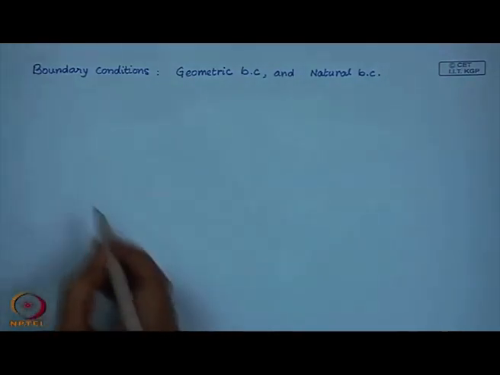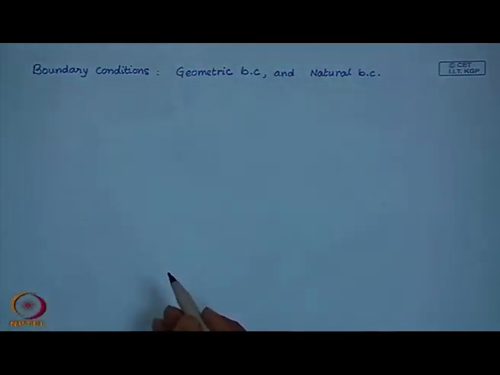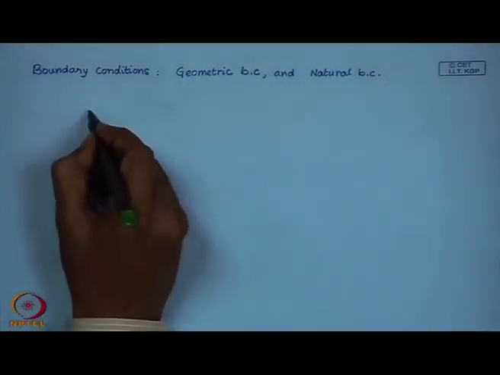Now, let us look at some examples and identify the boundary conditions. So, we begin with a uniform bar.